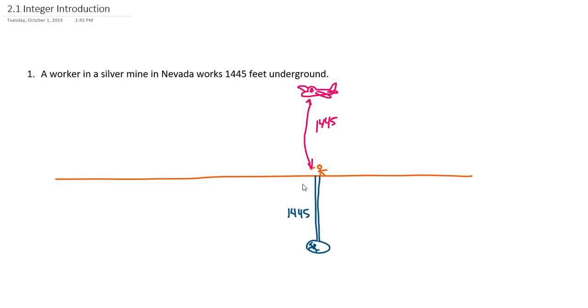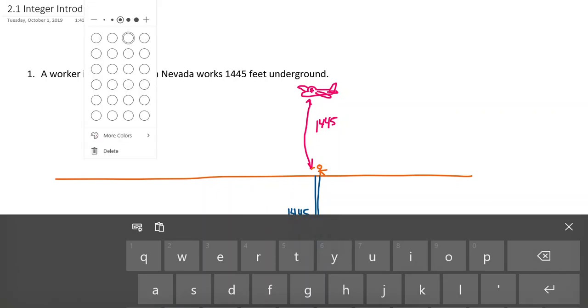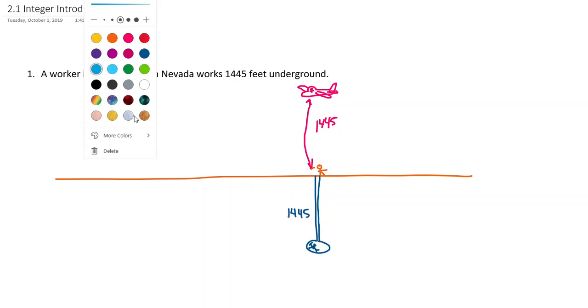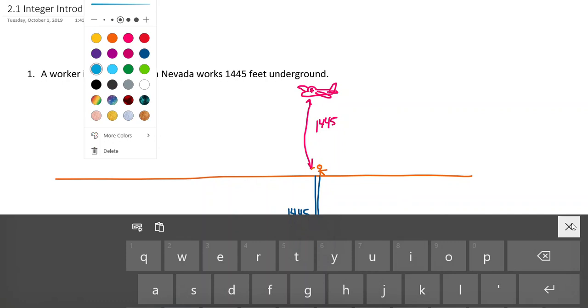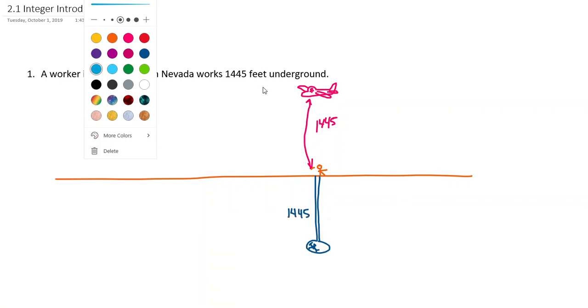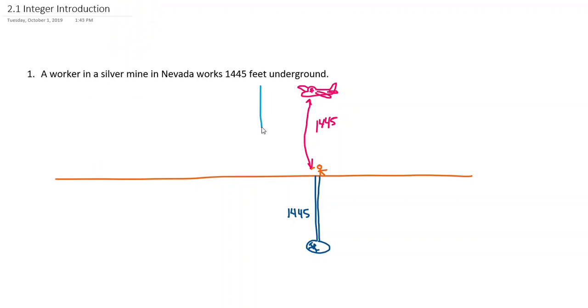Integers say, well, let's make a giant number line here. And we'll put 0 there. And we'll put 1,445 up there.